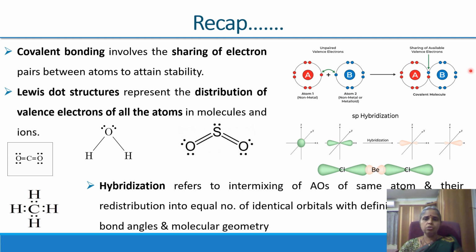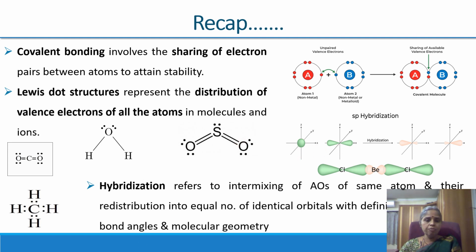So through hybridization we have learnt that sp hybridization of the central atom leads to linear geometry, sp2 to trigonal planar geometry, and sp3 to tetrahedral. So by knowing the hybridization of the central atom, we have learned to predict molecular geometries and also the bond angles.